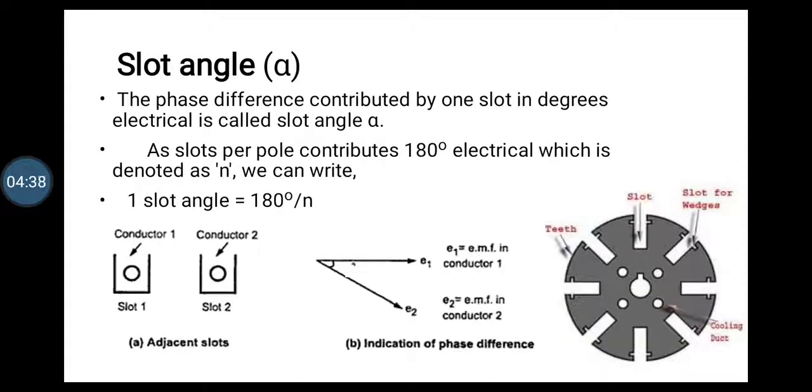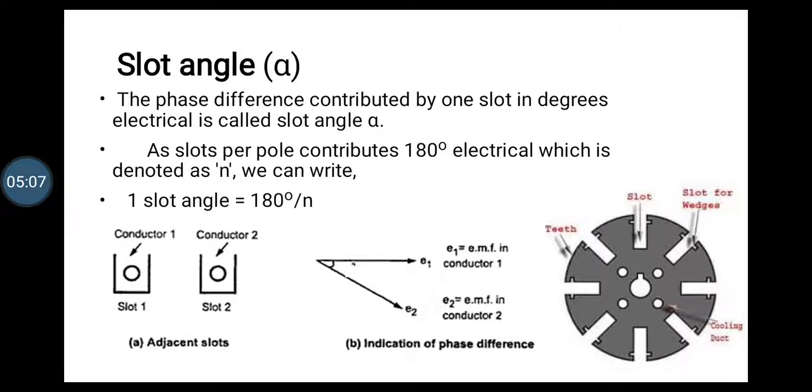Next one we can see is the slot angle. The phase difference contributed by one slot in electrical degrees is called the slot angle. As n slots per pole contribute 180 degrees electrical, the one slot angle equals 180 degrees by n.